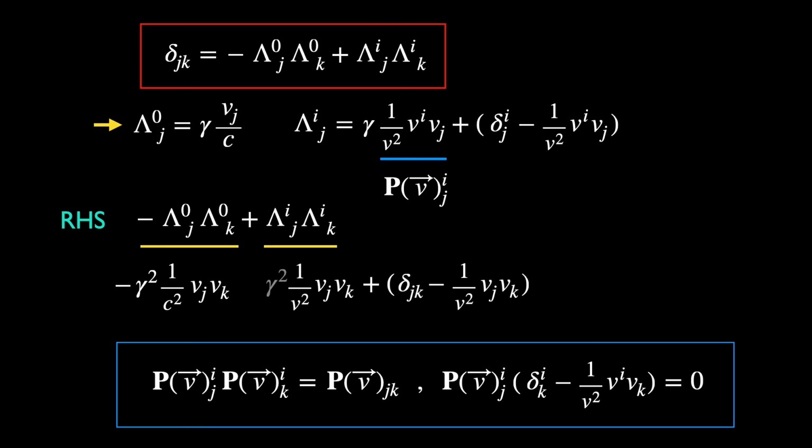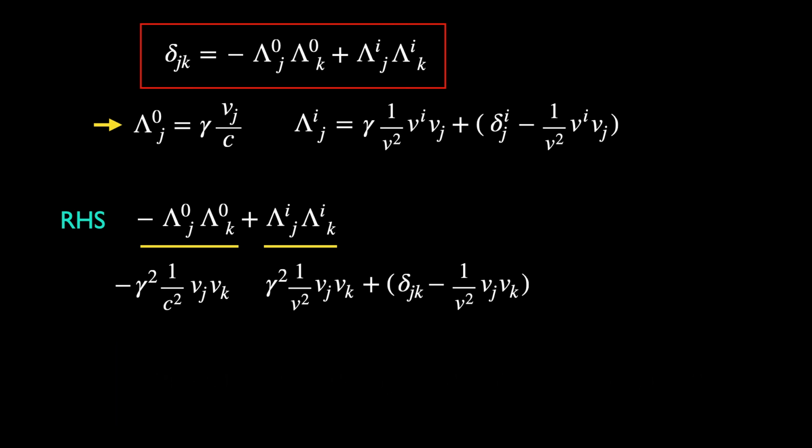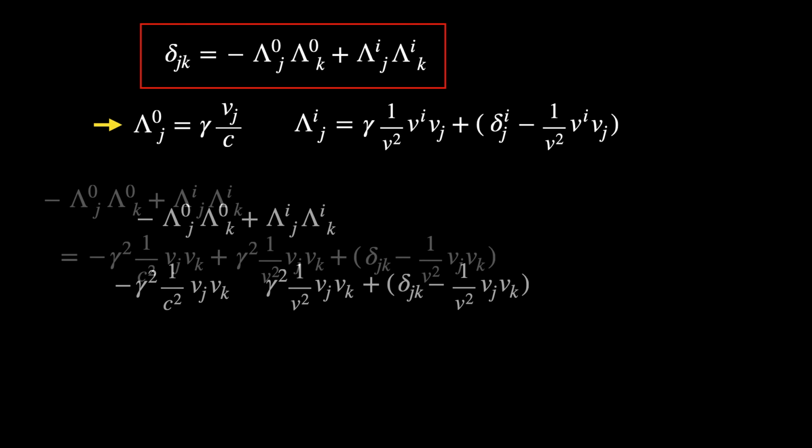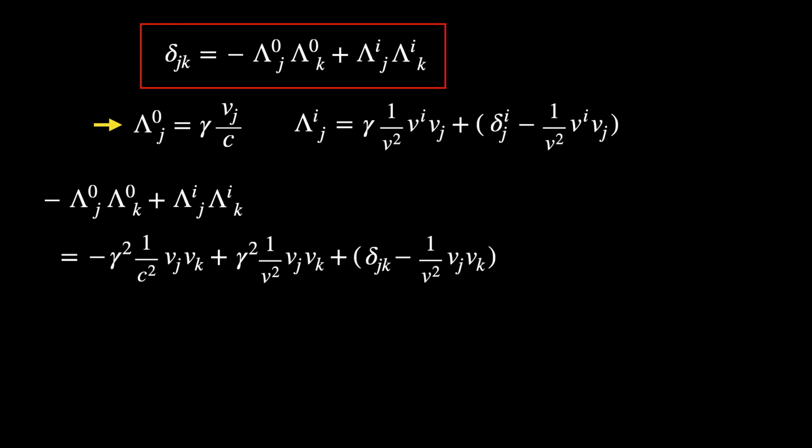The result is just adding a square to gamma. Consolidate these two terms. Gamma squared cancels with its inverse.